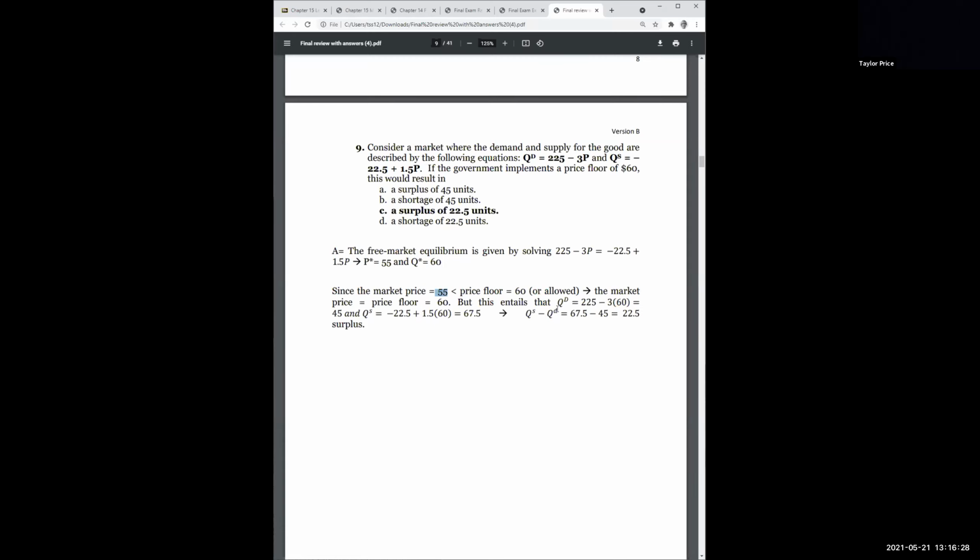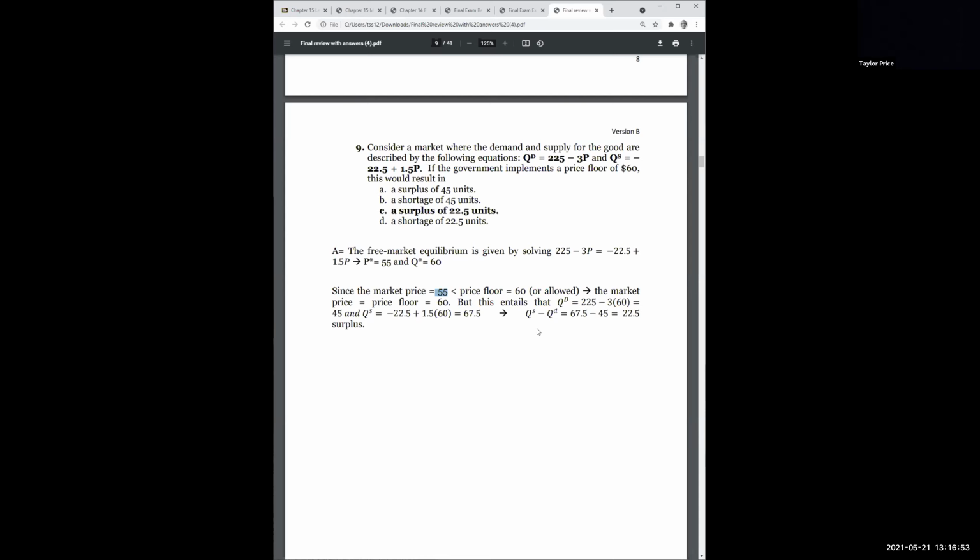As a general thing, the exam probably won't ask you anything on binding or non-binding, but keep that in mind, just to make sure to check if the price floor they're giving you is binding or non-binding.